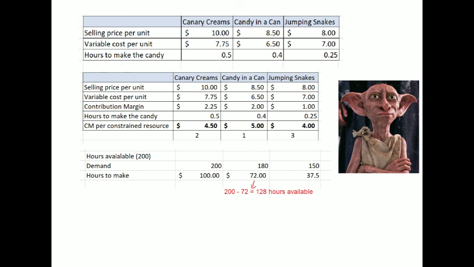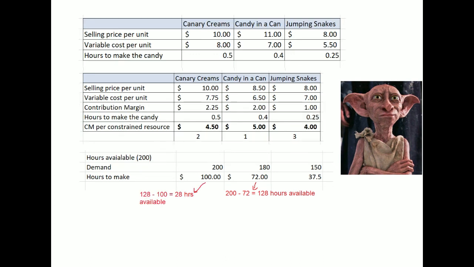And we're going to continue with canary creams because that's number 2, and it takes 100 hours. So if we subtract that from 128, that will leave us with only 28 hours available to make jumping snakes. So we need to find out how many jumping snakes they will have to make to use all these 200 hours.